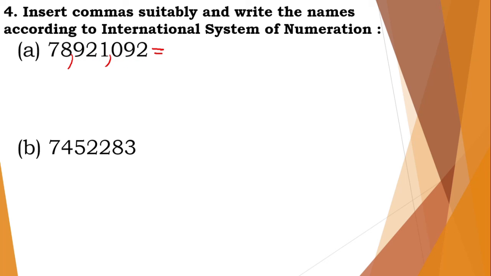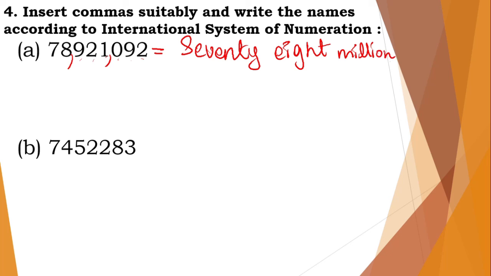Now first here we have 78. So 78. And now we should check the digits. So we have 1, 2, 3, 4, 5, 6. We have 6 digits. So 6 zeros we have in million. So it will be 78 million.